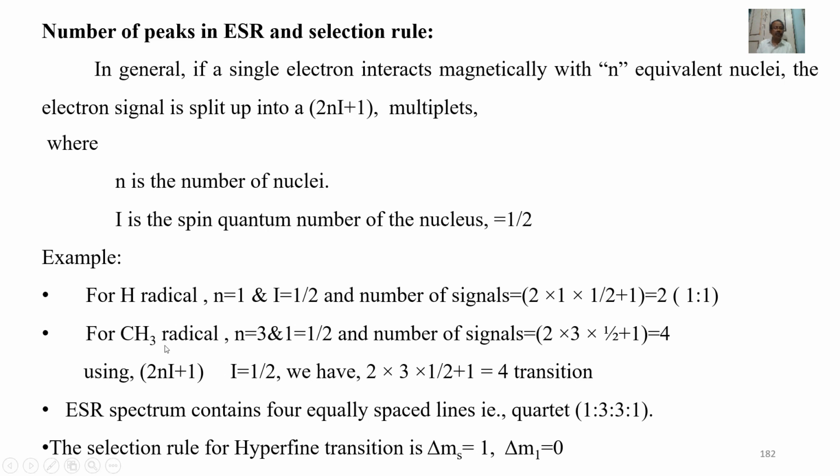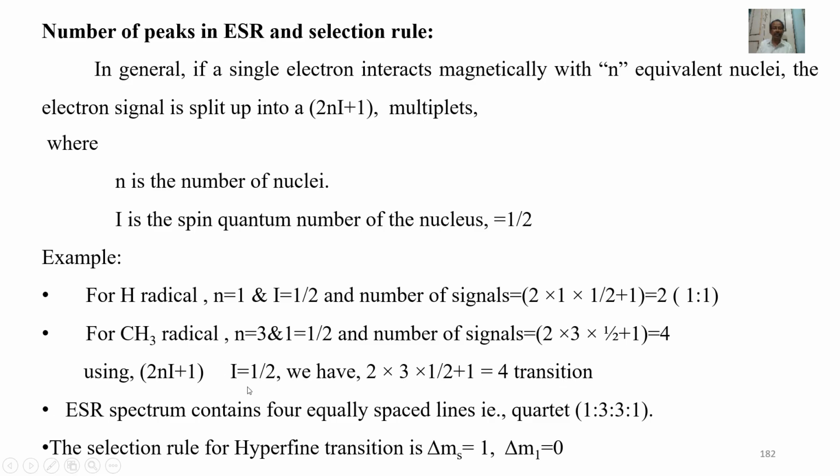For the methyl radical, n equals 3. So we are going to leave the carbon and take only the hydrogen atoms into account. So n equals 3 and I will be 1/2. The number of signals will be 2 multiplied by 3 multiplied by 1/2 plus 1, which is equal to 4. So using 2nI plus 1, with I equals 1/2, we have 4 transitions.